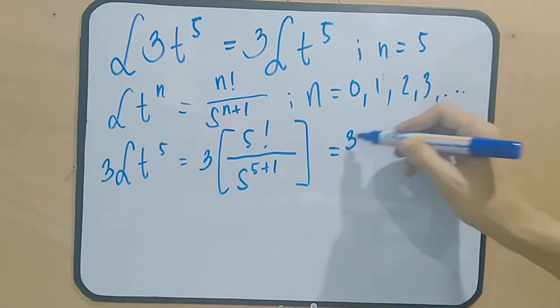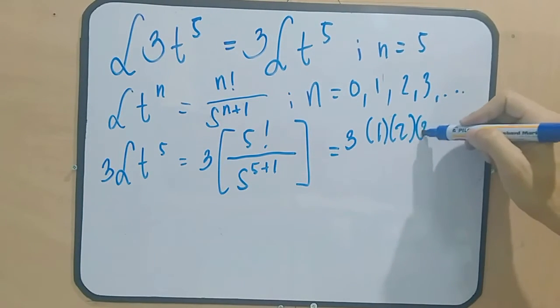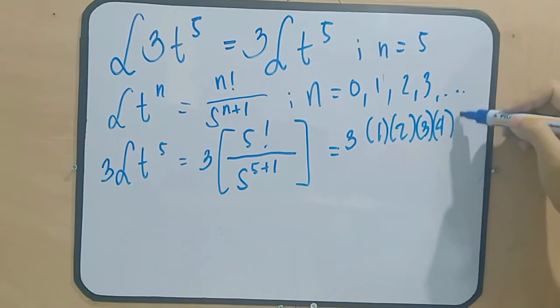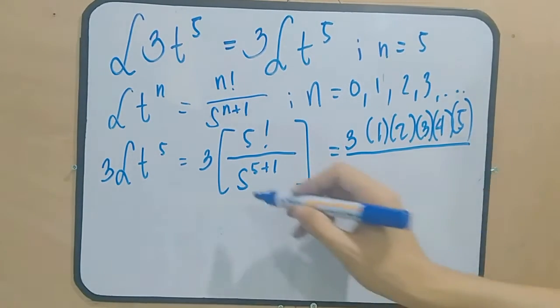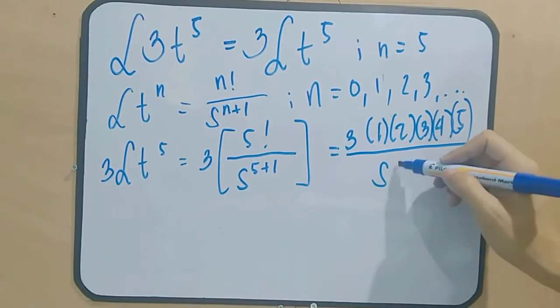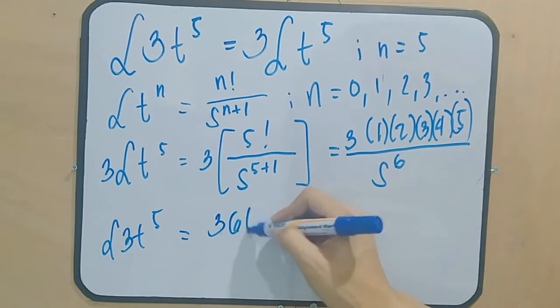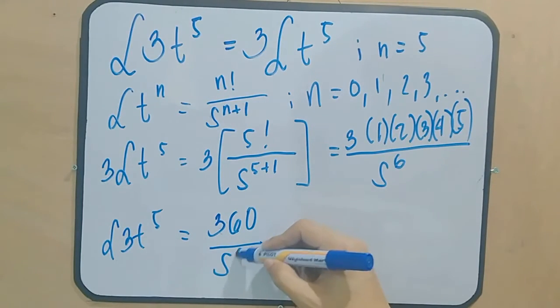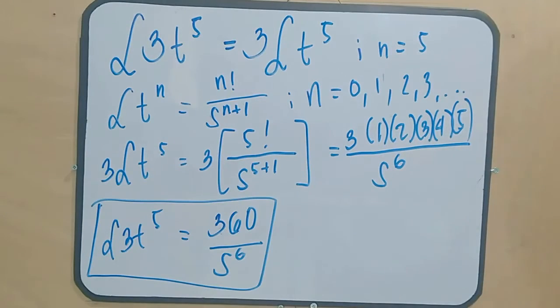Ang 5 factorial natin, that is 1 times 2 times 3 times 4 times 5, all over s raised to 6. So, this is equal to 360 all over s raised to 6. So, ito guys yung final answer natin.